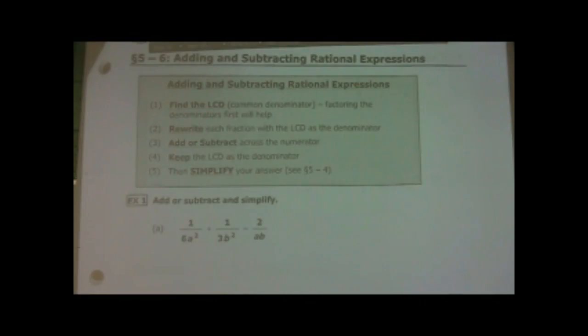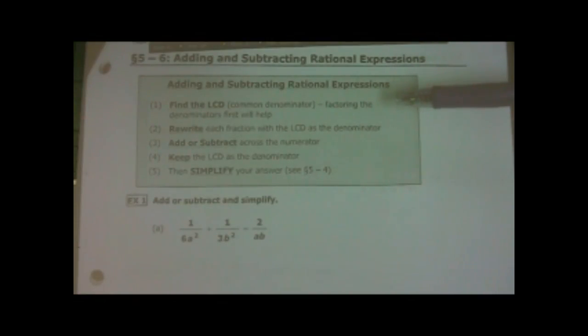So let's quickly go through the steps, which you'll recall follow very much how you add and subtract regular fractions. So first of all, you have to find the LCD, which is the lowest common denominator. Now, I will give you a hint.